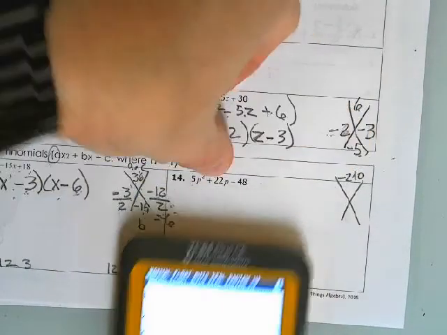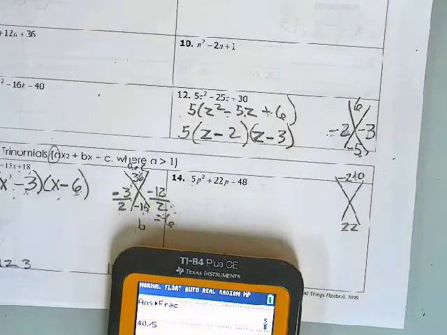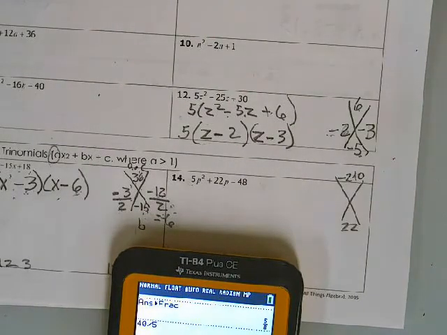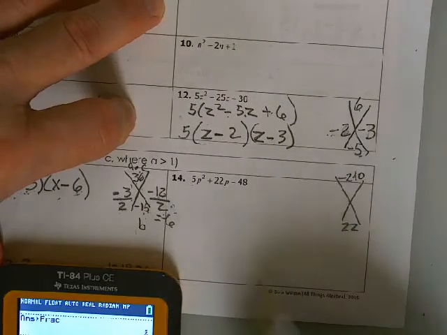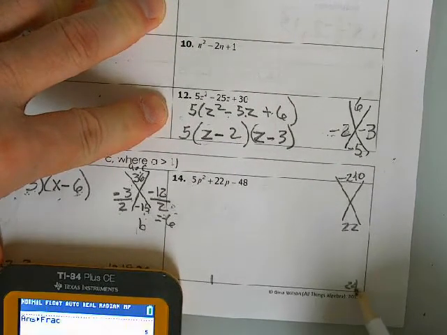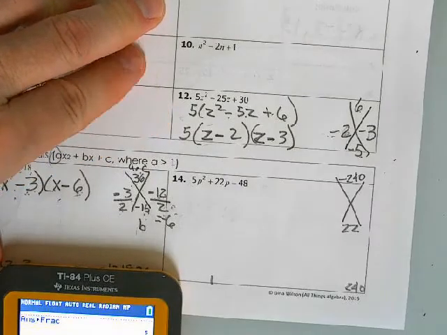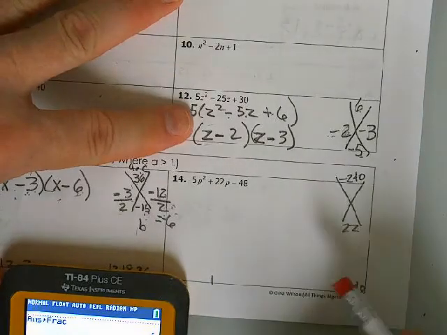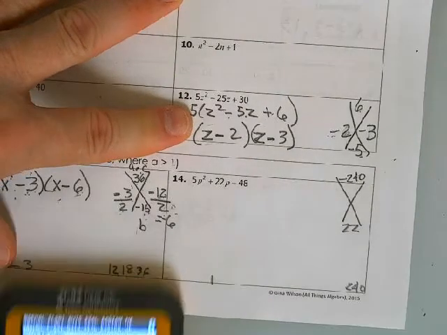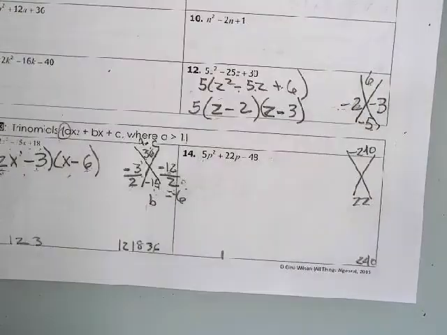Negative 240 there. The bottom number is our B, so 22. This one, I'm going to have to write down these factors probably in order to get the result. So down here, I'm just going to list factors. Of course, I have 1 and 240. One of those two would have to be negative to get a negative 240, right? It doesn't matter which one, but one would have to be negative. I'm going to write it on my whiteboard here. You can write it wherever you want in your notes.